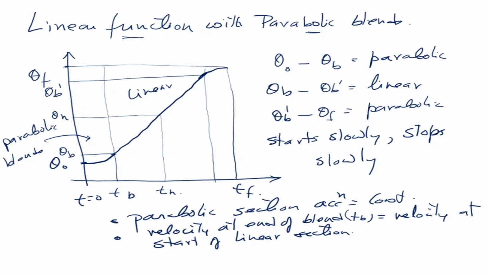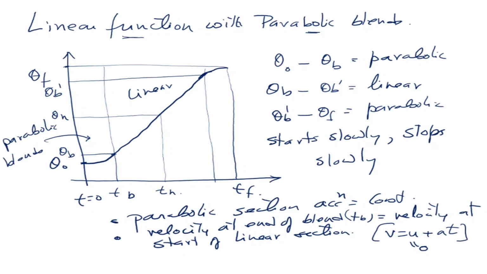And now when we use our equation, what we see is that the velocity at the end of the blend section must be equal to the velocity of the linear section. So from the equation v is equal to u plus at, for the blend section, what is u? U is the initial starting velocity, which is equal to 0. What is the final velocity? The final velocity after the blend is equal to the velocity of the linear section, right?